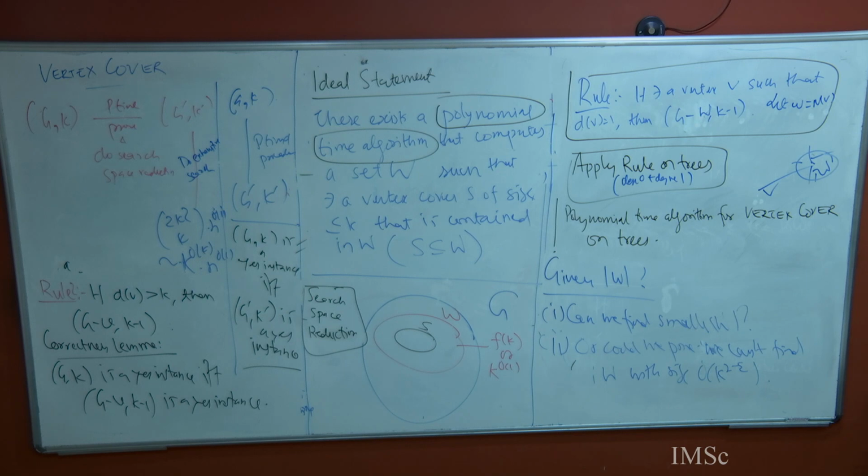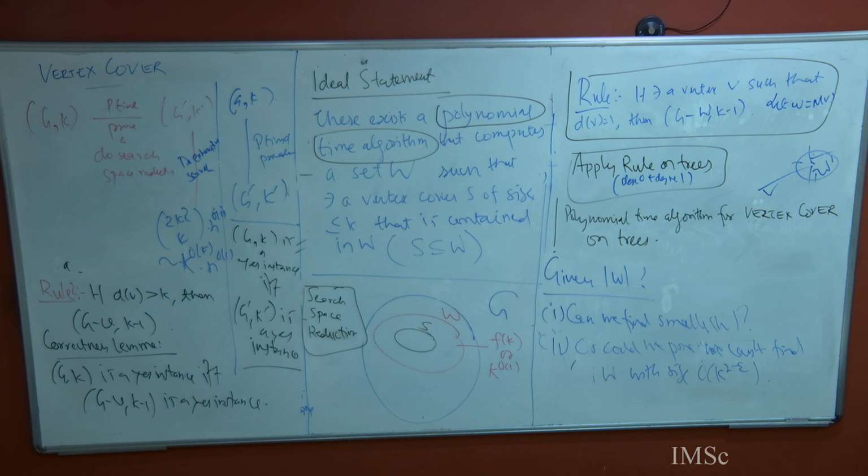So if we write it as G minus V comma K, will it be equivalent? No, that's not it. Are you meaning that W will be at least as good as V? Yes, it is as good as, but why think from that perspective? I gave you a formal proof: if there exists a solution containing V, then there exists a solution containing W. That's as formal as it gets.